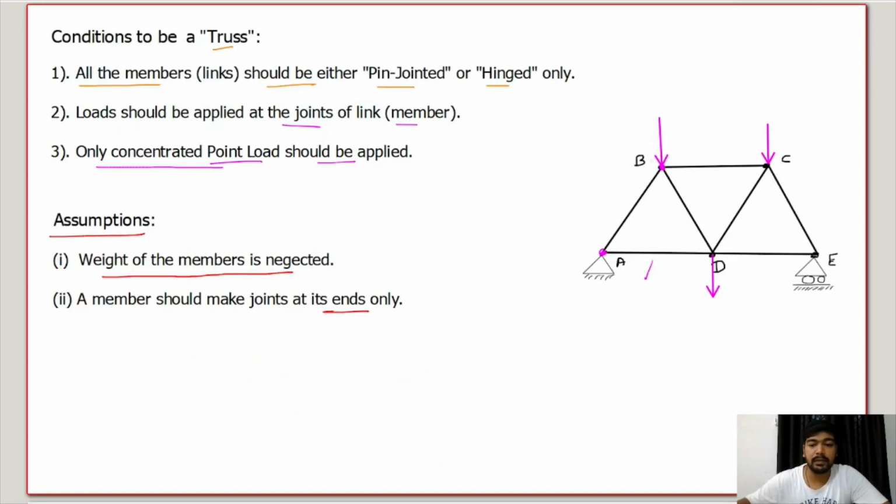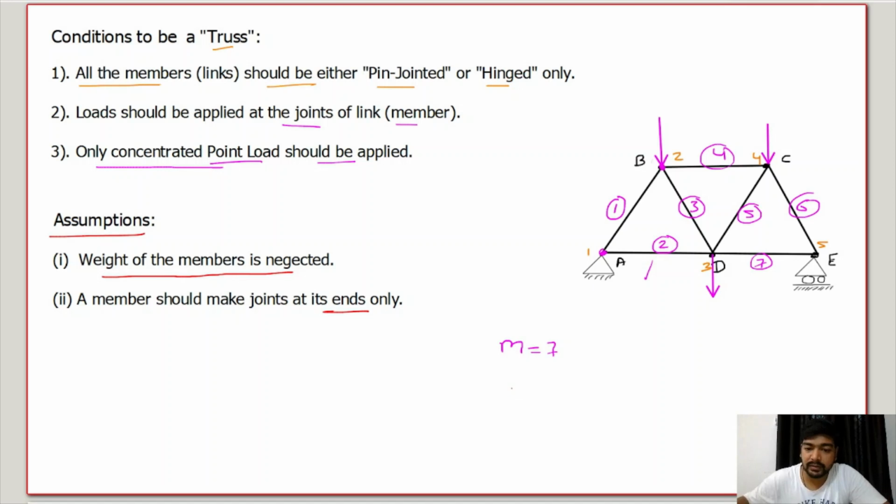Let's see the previous example. In this example, the number of members are, let's say this is 1, this is 2, 3, 4, 5, 6, 7. So it has 7 members. Let's see how many joints are there. The first joint, second, third, fourth, and fifth.